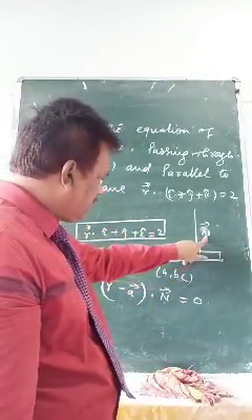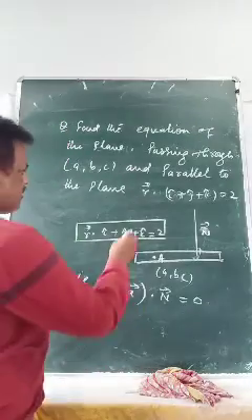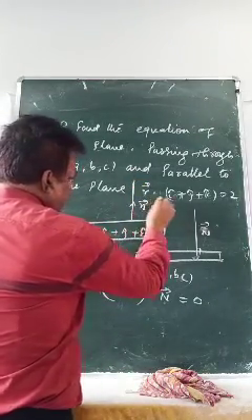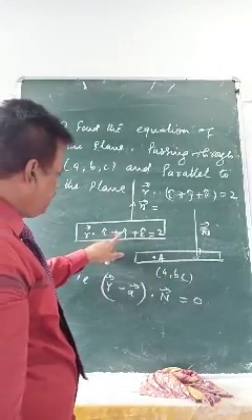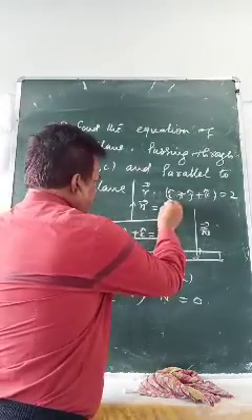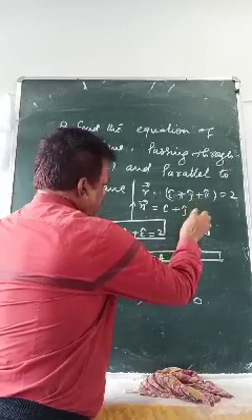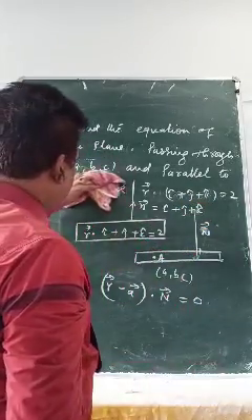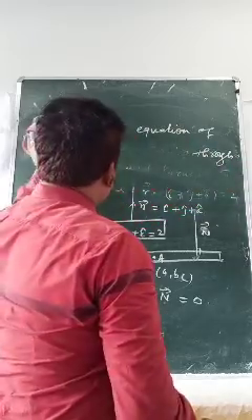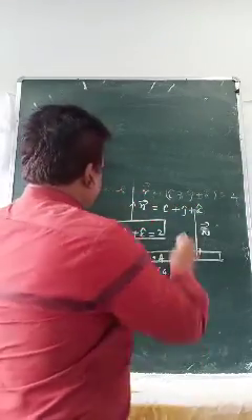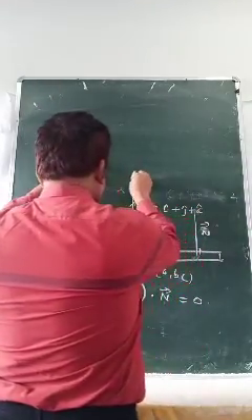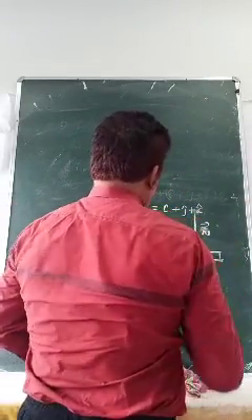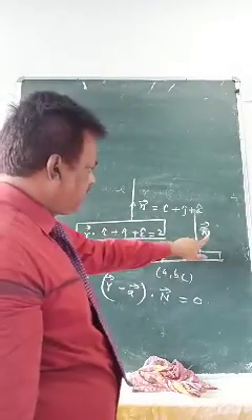If this is the normal, this plane also has a normal, the n vector, which is i plus j plus k. Now compare the relation between the two normals.